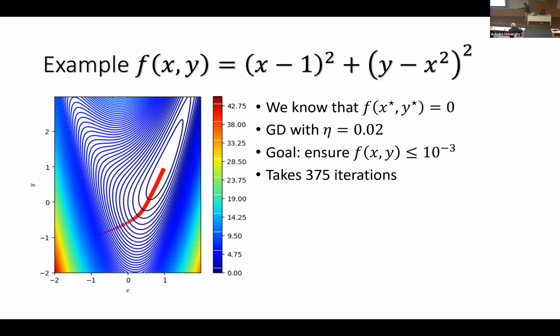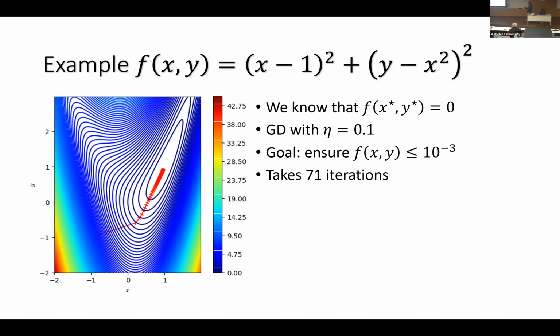Now what is happening here, if you look at these lines, these lines are showing where each step is. So even though I am going in the direction of steepest descent, I am going too little. I mean, I'm not going sufficiently far. I should go a further distance. Therefore, I should increase my eta.